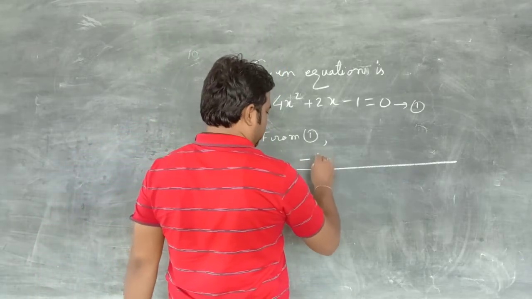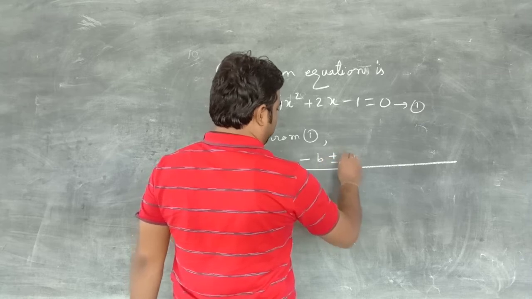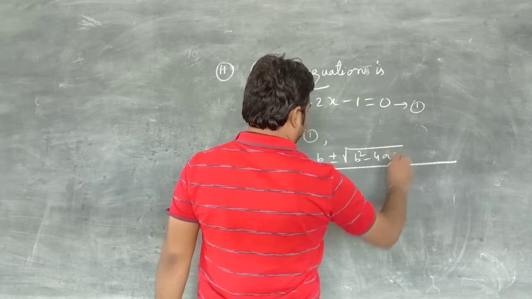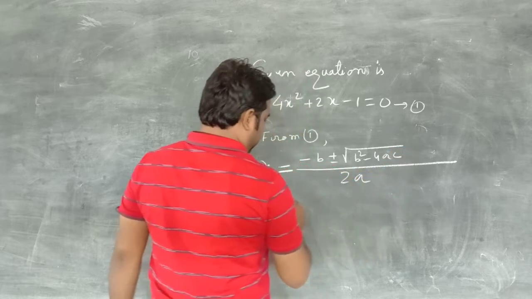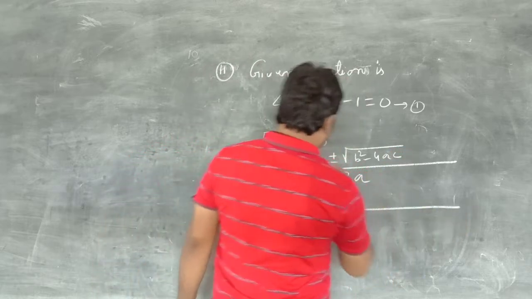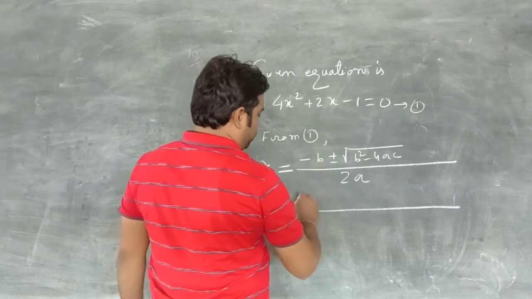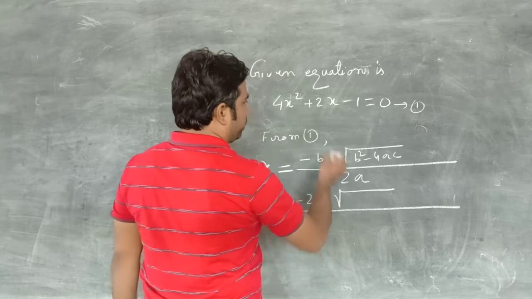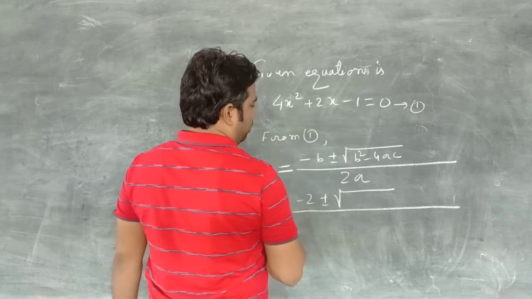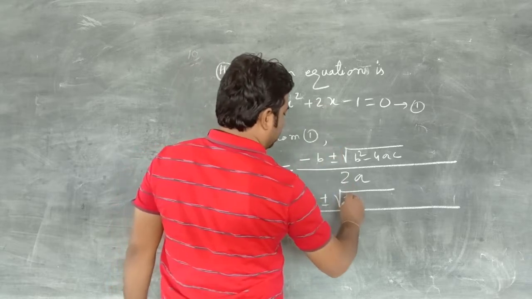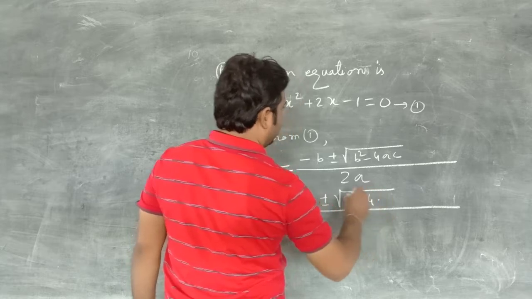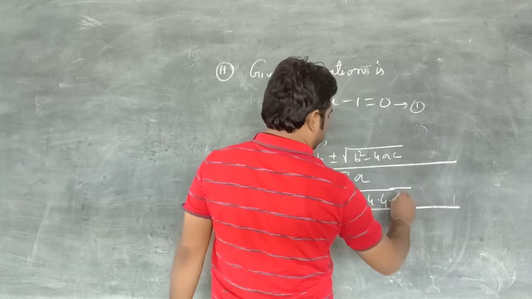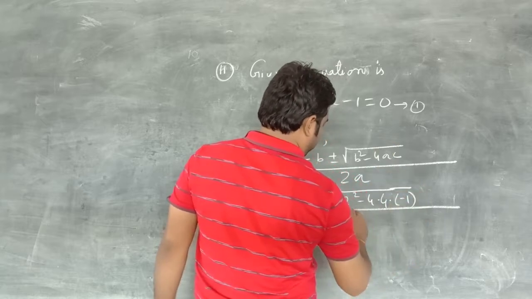Now what is the value of b? b is 2, so minus 2 plus minus root over 2 square minus 4 into 4 into minus 1, by 2 into a.